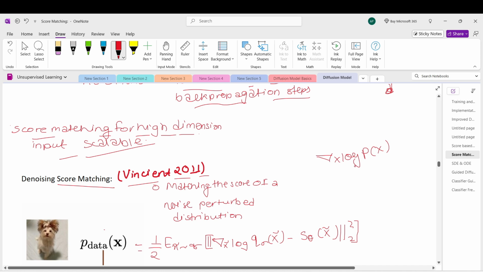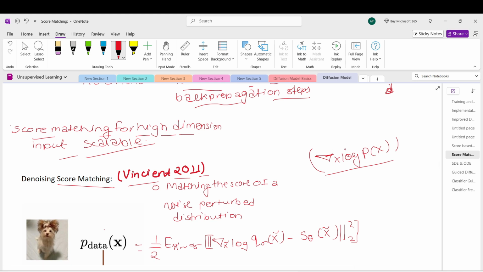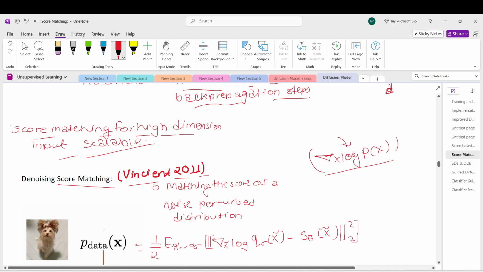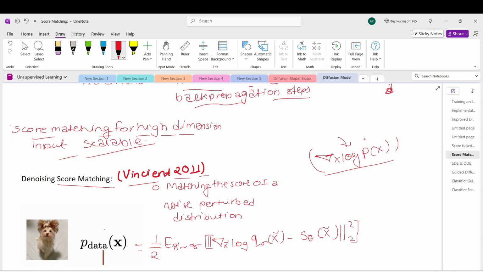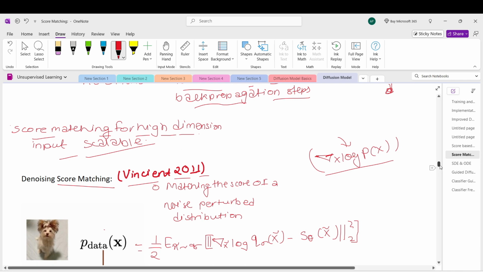First of all we want to approximate this quantity, and these authors have shown how you can approximate it. Then we will understand how diffusion models join into this score-based generative modeling process.